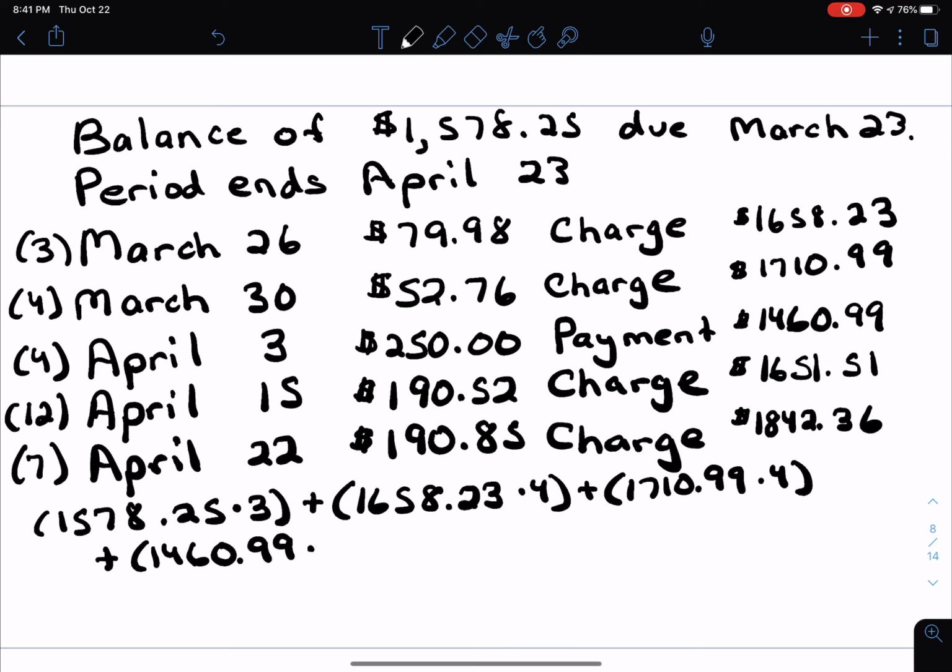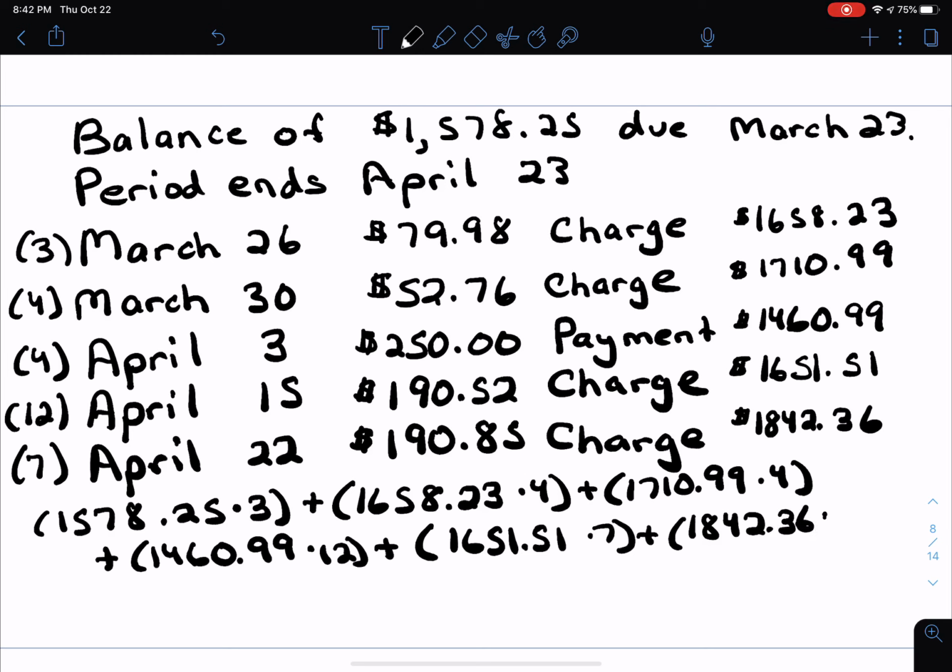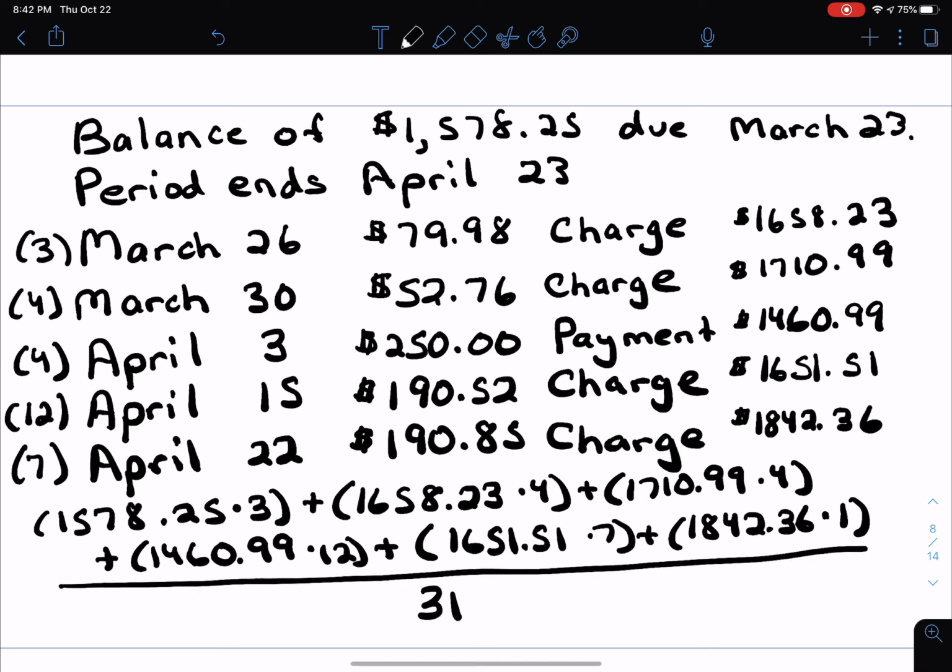Carried that for 12 days. The 1651.51. Carried that for 7 days. And the 1842.36 only carried that for 1 day. And that's 31 days, so divide by 31. And you'll see what your average daily balance is.